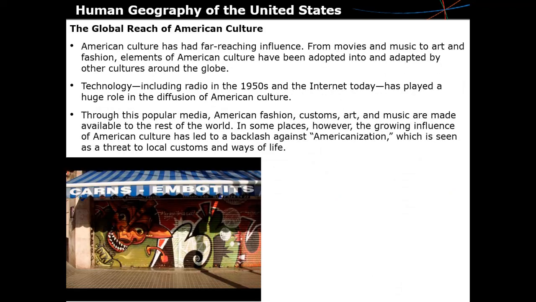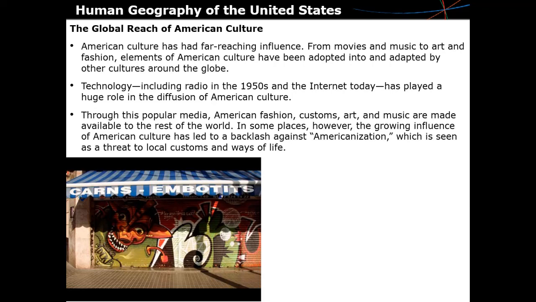And the global reach of American culture, which you guys may not think about, is that American culture has spread all throughout the world, from our movies, music, art, fashion. Elements of American culture have been adopted and taken in by other cultures around the world. And our culture has been able to spread mostly through the use of technology.